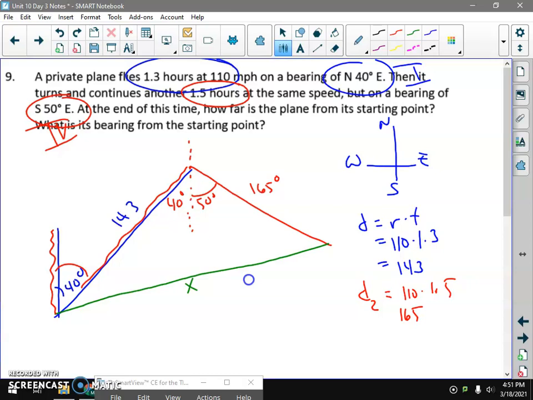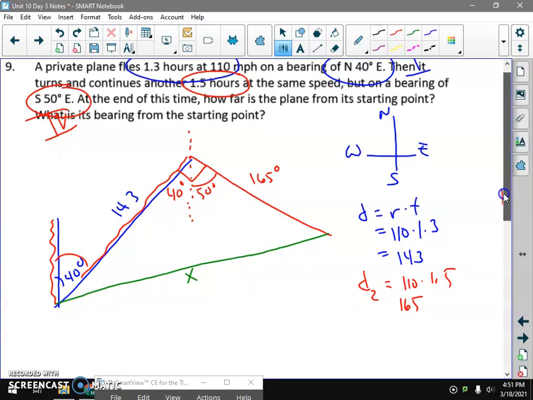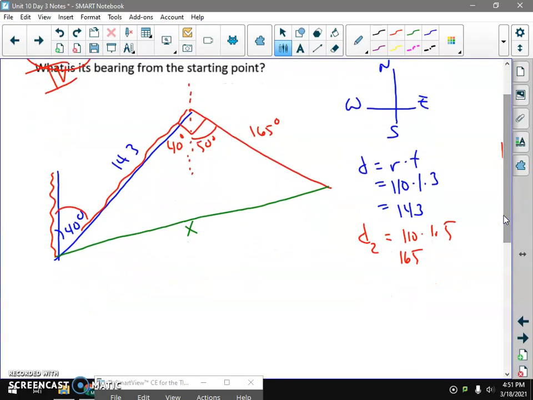Okay? And 40 and 50 make 90. So that is a right triangle that I can use the Pythagorean theorem on. So if I want to find x, I would do that. And again, I can use trig if I wanted. I'm going to use Pythagorean theorem.